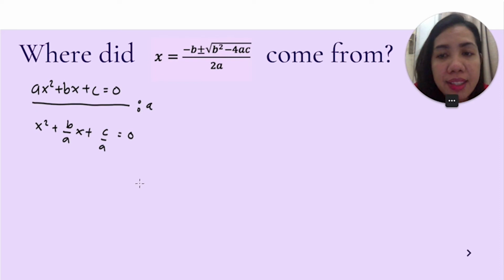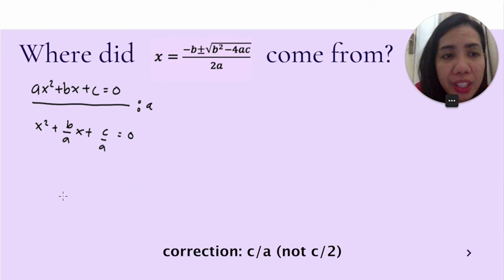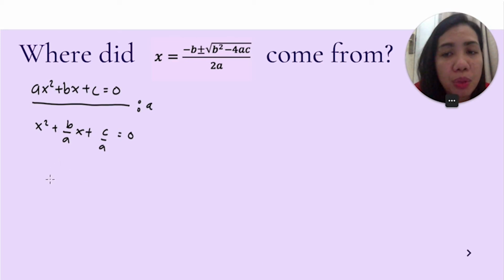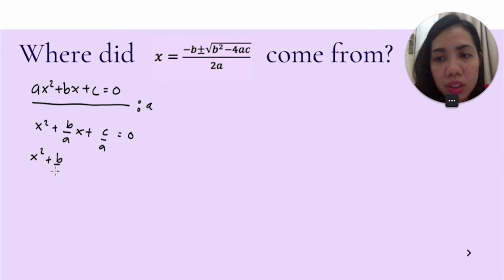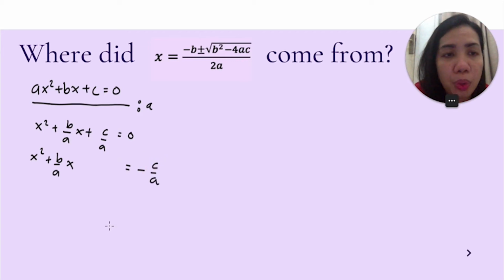And then the second step is we need to move this c to the right side, or in other words, we subtract both sides by c over a. So here we'll have x squared plus b over a x equals minus c over a. The next thing, so that we can get the perfect square easily, is to add half of b over a, squared, to both sides.